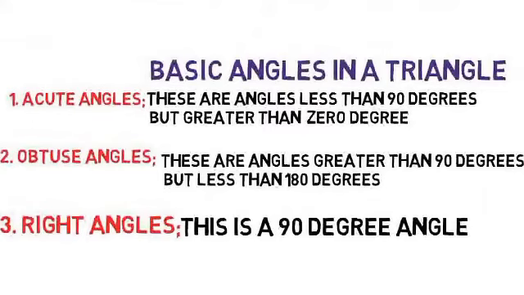And most times, only one 90-degree angle can be contained in a triangle. Now that I have taught you the different types of triangles, we are going to be answering some questions.